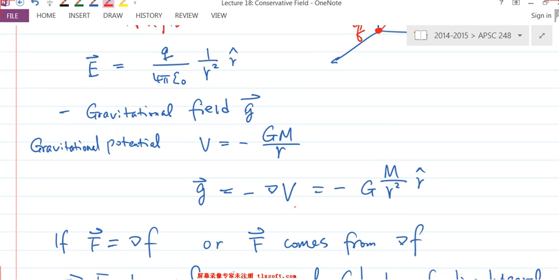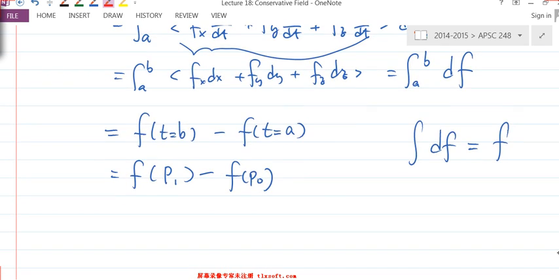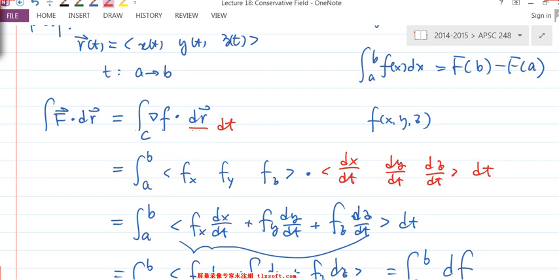You do the same amount of work, basically. That's called path independence. As a matter of fact, as I'm going to summarize, as long as this vector field F comes from the scalar function f by doing this del operation, we call that a conservative field.